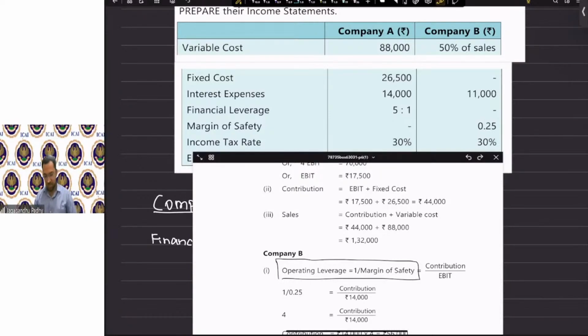Because margin of safety was given, you have to use 1 upon margin of safety for operating leverage whenever the question gives such information. Or else you can use the contribution upon EBIT formula. Since there was no other information to compute the operating leverage, we computed it using the margin of safety.